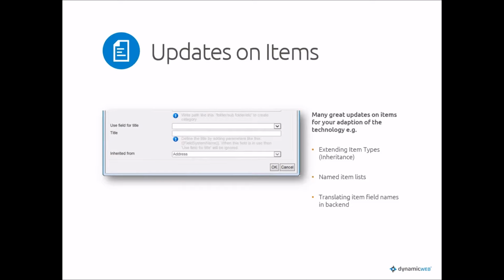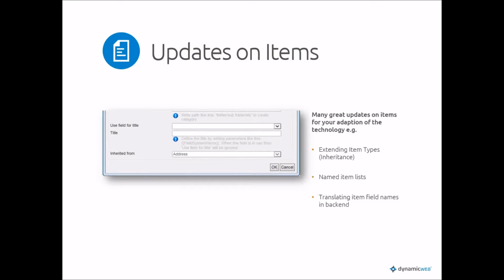Also, we introduced a concept called named item lists that makes it possible to create big lists of items. Instead of adding them as pages or paragraphs, I can now add them into these containers called a named item list. And these named item lists reside on a page itself, but it's not part of the page structure and so on.